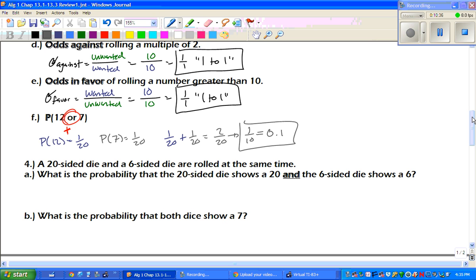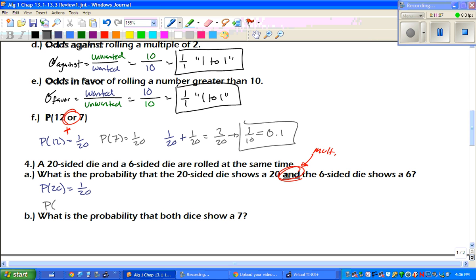Number 4, a 20-sided die and a 6-sided die are rolled at the same time. Okay, so we have two different options. What is the probability that the 20-sided die shows a 20 and, there's your key word right there, and whenever we see the word and, it tells us that we need to multiply. The 6-sided die shows a 6. So the probability of getting a 20 is 1 out of 20.